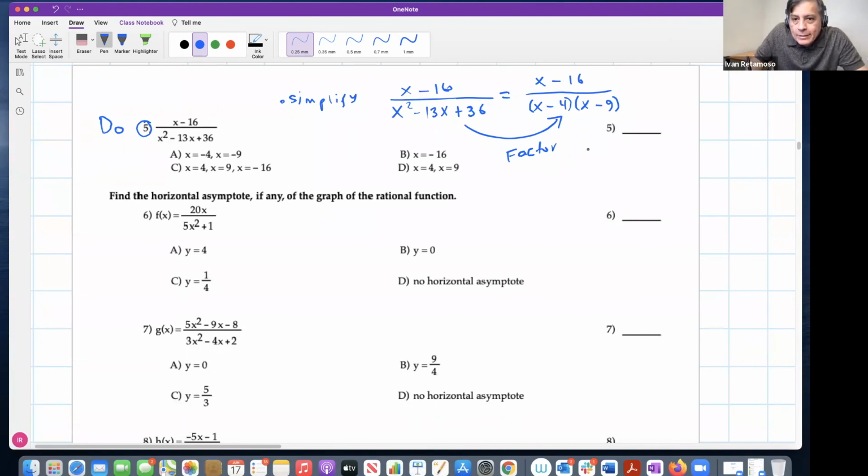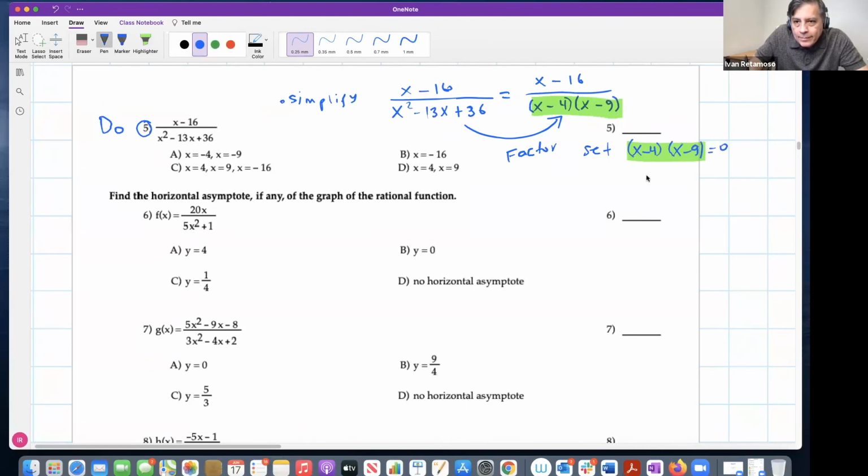Great. Now set your denominator, which is this, because nothing gets canceled, right? This is 16, this is 4, this is 9, nothing is canceled. So it's just this, set equal to 0, and from there you will get your asymptotes. You will get 2 vertical asymptotes here.